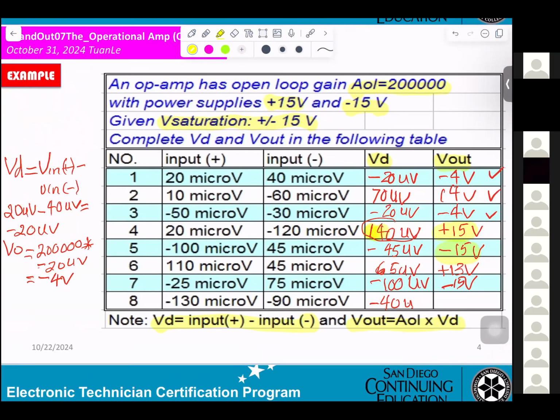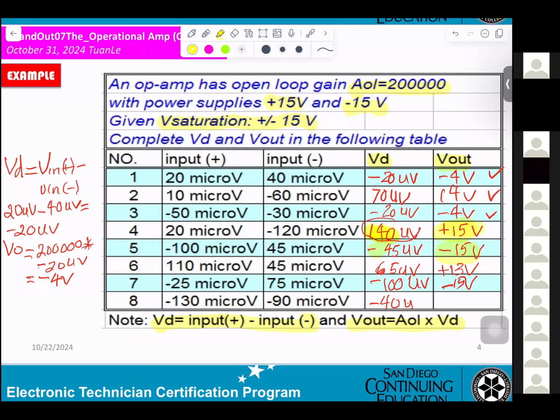You see that? When you get 15 volt and minus 15 volt, maybe you don't know why, so I'll explain again. When you get the VD 140, you take 140 times 200,000, you get a Vout. If that Vout is higher than 15 volt, that means the op-amp is saturated, and they will be equal to V saturation, 15.